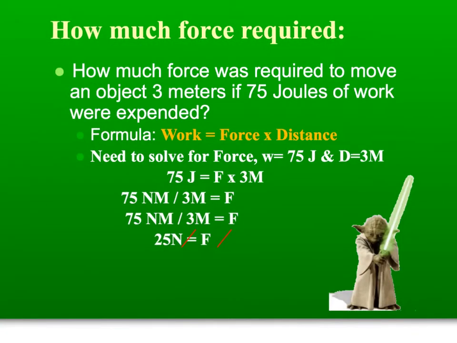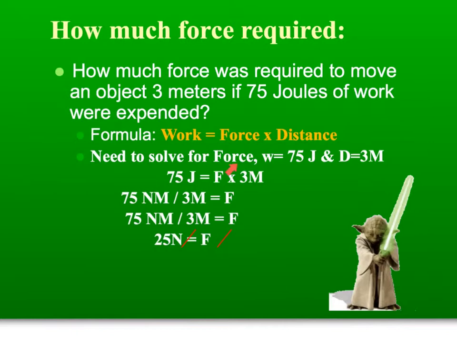Now we will take that same formula, work equals force times distance, and this time we will solve for force. How much force was required to move an object 3 meters if the joules were 75 joules of work and the distance was 3 meters? So we will use the formula work equals force times distance.